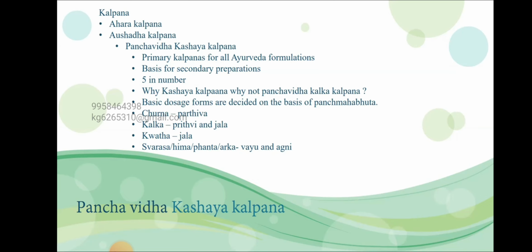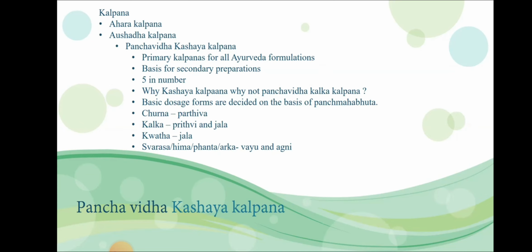Now these 5 Panchavidha Kashaya Kalpanas. The first one is Swarasa, that is the expressed juice. Kalka is the fine paste obtained by grinding fresh drug, or wet grinding of the dry drug. Kwatha is the decoction. Shita or Hima is the cold infusion. Phanta is the hot infusion.